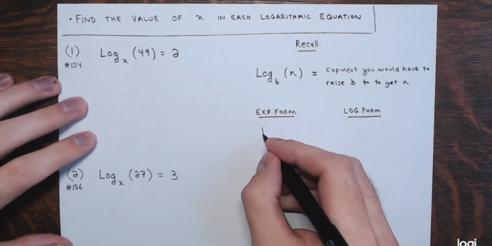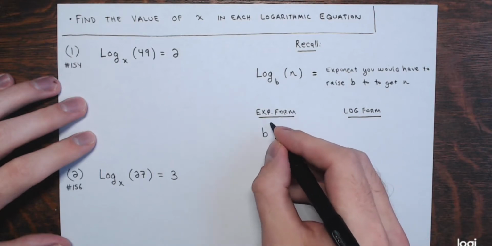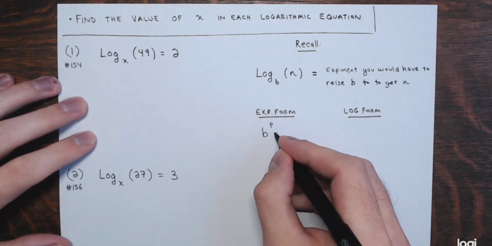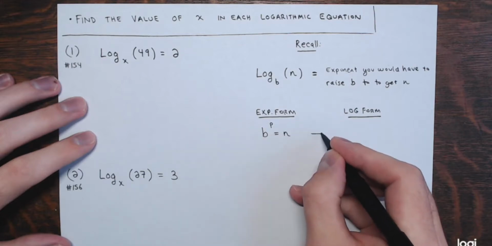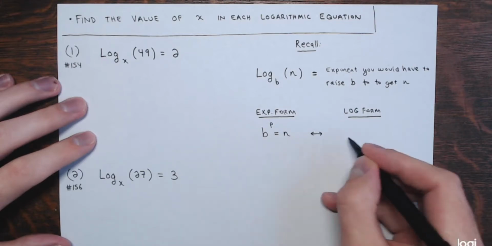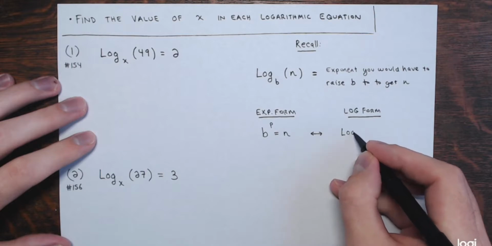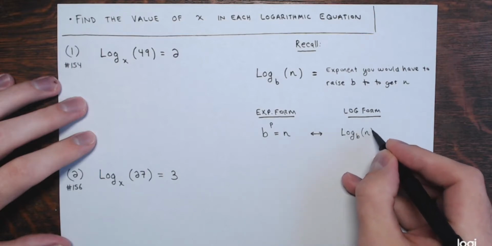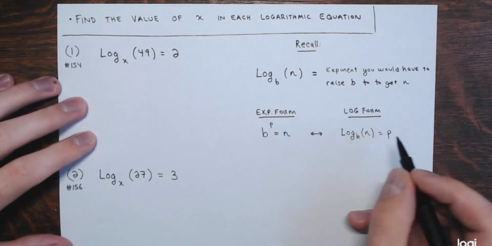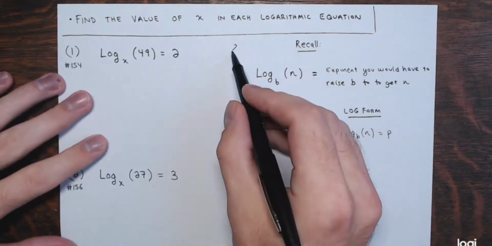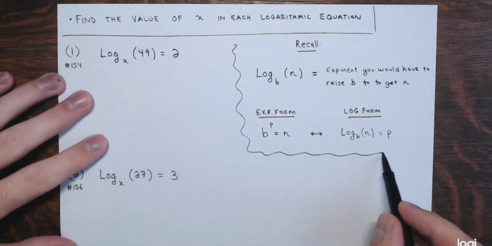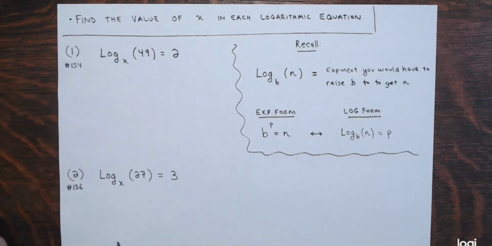If b to the p for power was equal to n, that meant exactly the same thing as the log base b of n was equal to p. So I hope you keep all this stuff in mind from the last video I made on converting between logarithmic and exponential form. Keep that in mind while I go through these questions here.